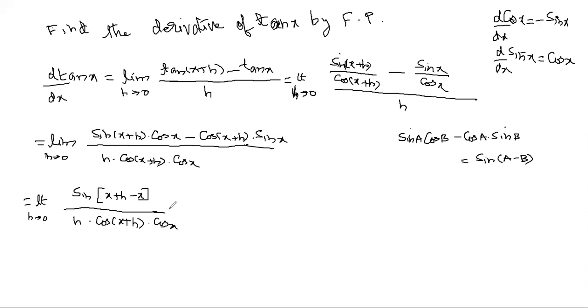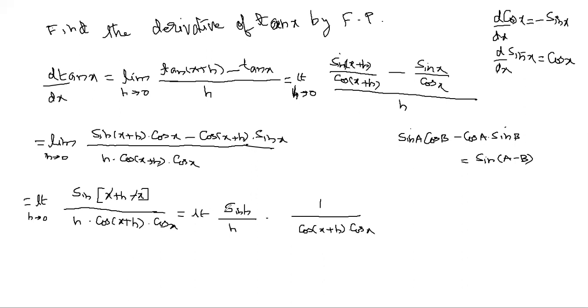Okay, now the minus x and plus x will cancel. Again, we have sin h in the numerator, and in the denominator the h can be written with sin h, as sin h upon h, and the other term will be 1 upon cos(x plus h) into cos x, with limit h tending to 0.